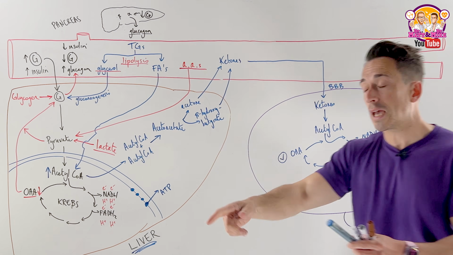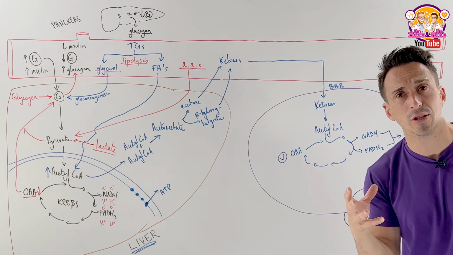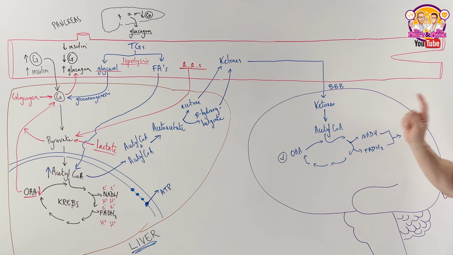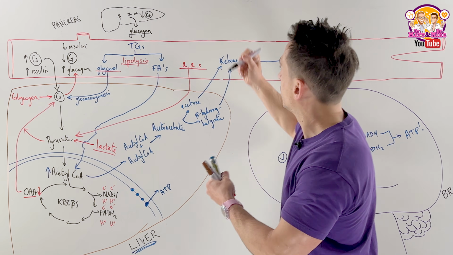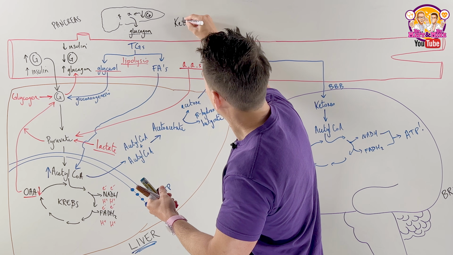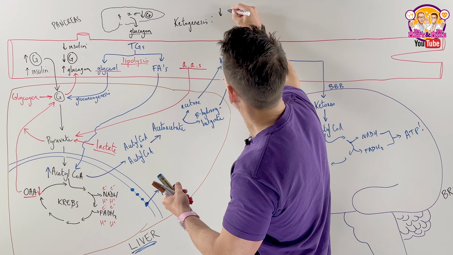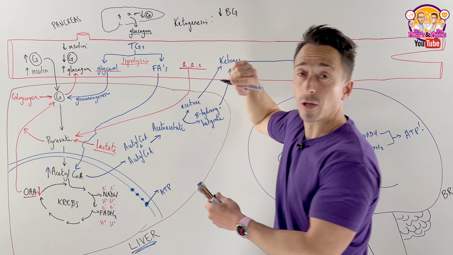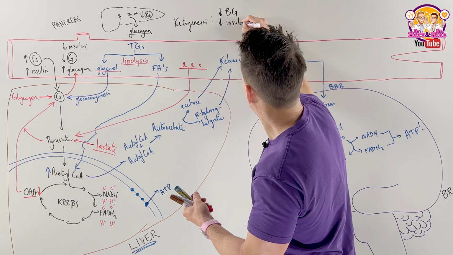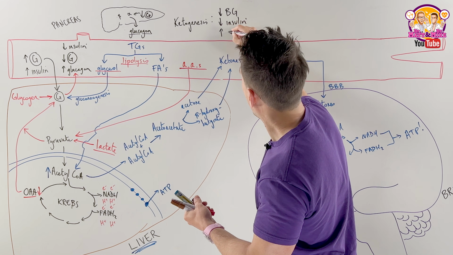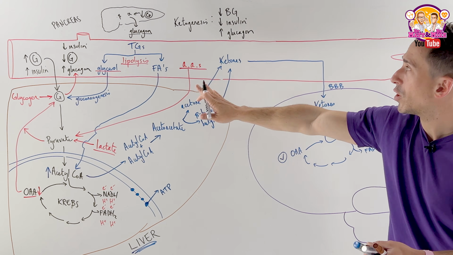Now, this is the process of ketogenesis. But we haven't spoken about what happens in diabetes. This process of ketogenesis will happen when we have low blood glucose levels, low insulin levels, and high glucagon levels, which we've shown.